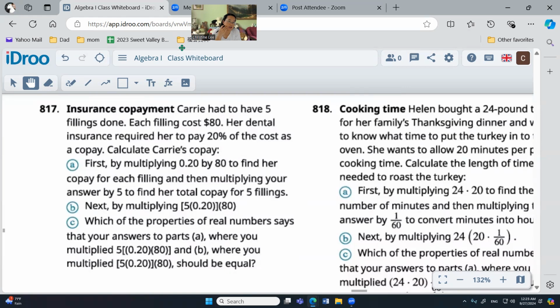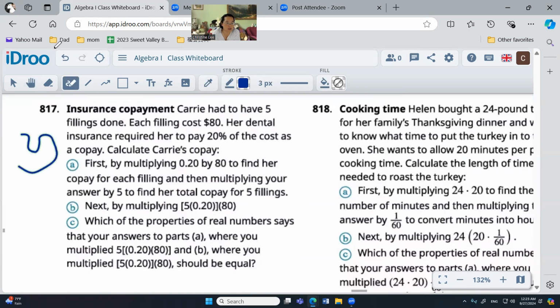So filling the teeth, she needs to do 5 because she has a lot of bad teeth. So the teeth have a hole. This is her tooth. And so she needs to do the filling. Okay. So each one is $80, and you have 5 of them.